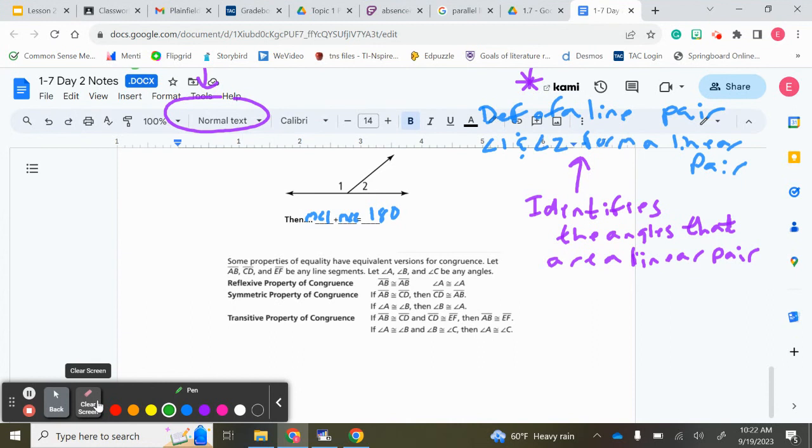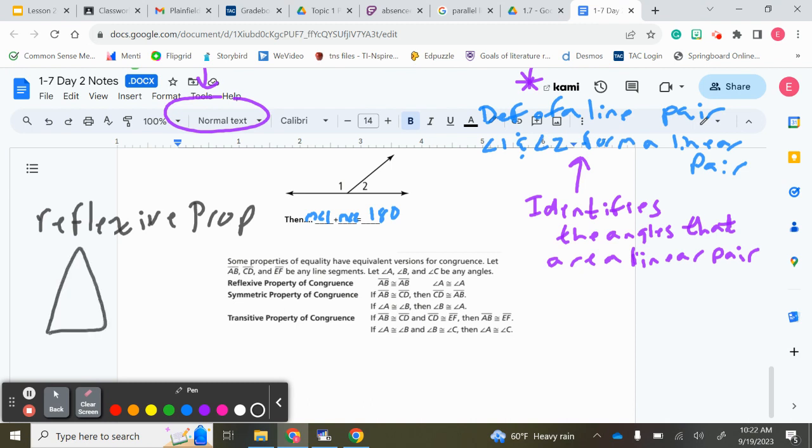The reflexive property means that that part of a shape is congruent to itself. So for reflexive, I could have something like this. If I had a triangle, let's call it ABC, and then we added a D and an E, I would state that angle A would be congruent to itself by that reflexive property because we have two triangles that are sharing angle A. Does that make sense?